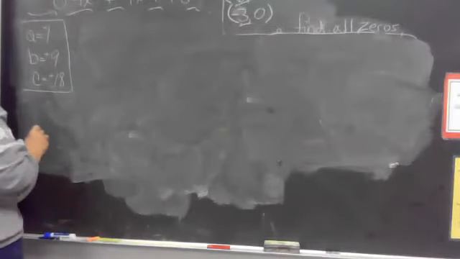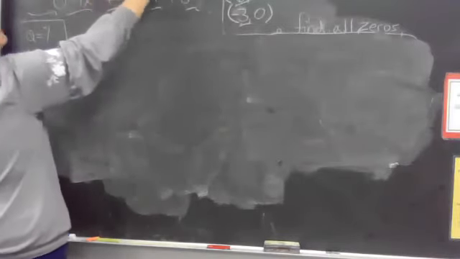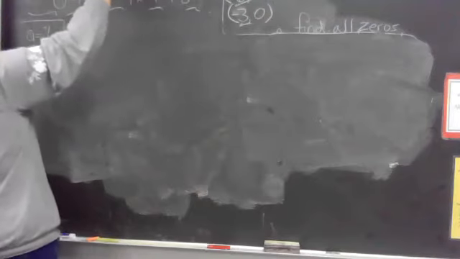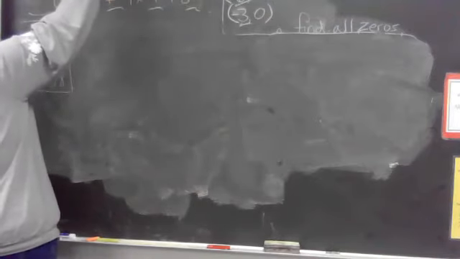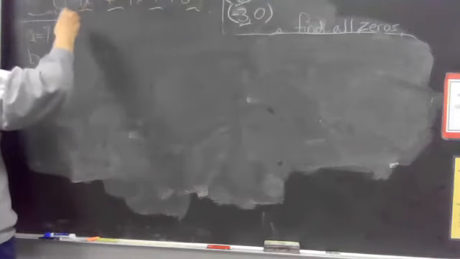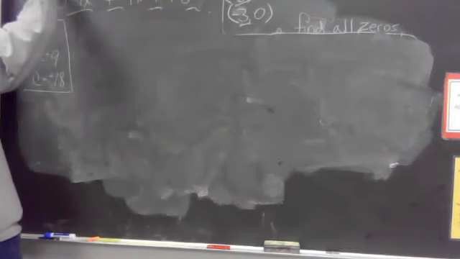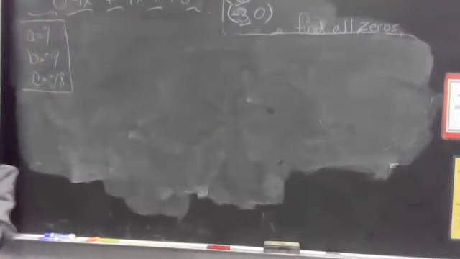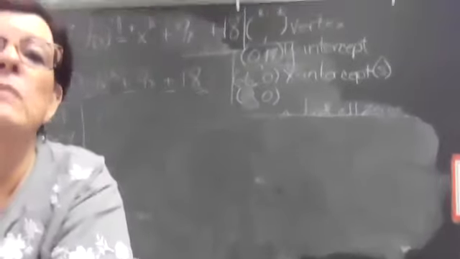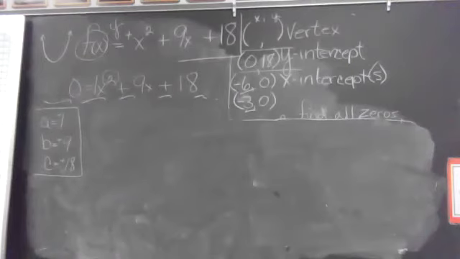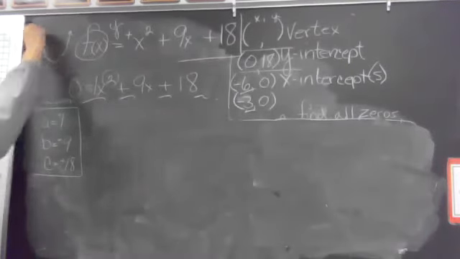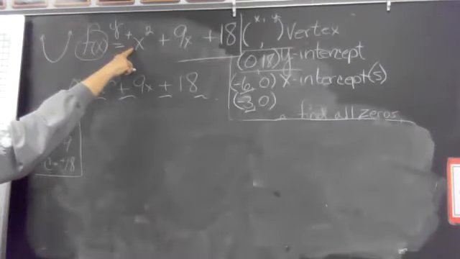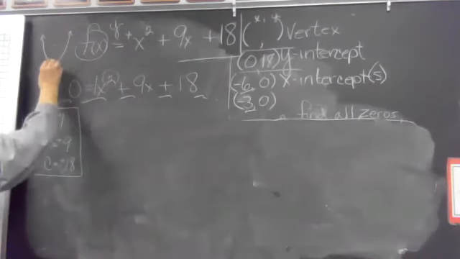Okay, so we look at our equation right here, our quadratic, and we see that the beginning is a positive. So we know that we're going to have a parabola. We know that our parabola is going to point up because the beginning coefficient is positive. So this is what it looks like, and we're going to be finding this.